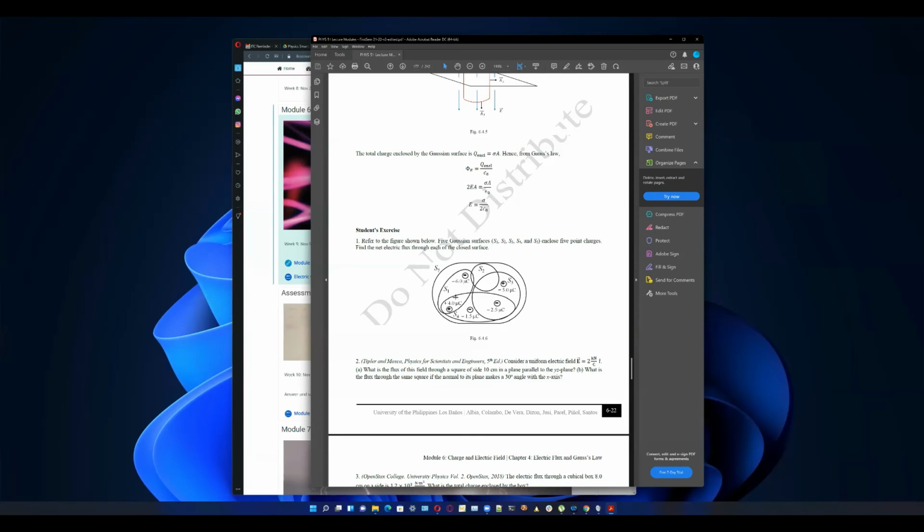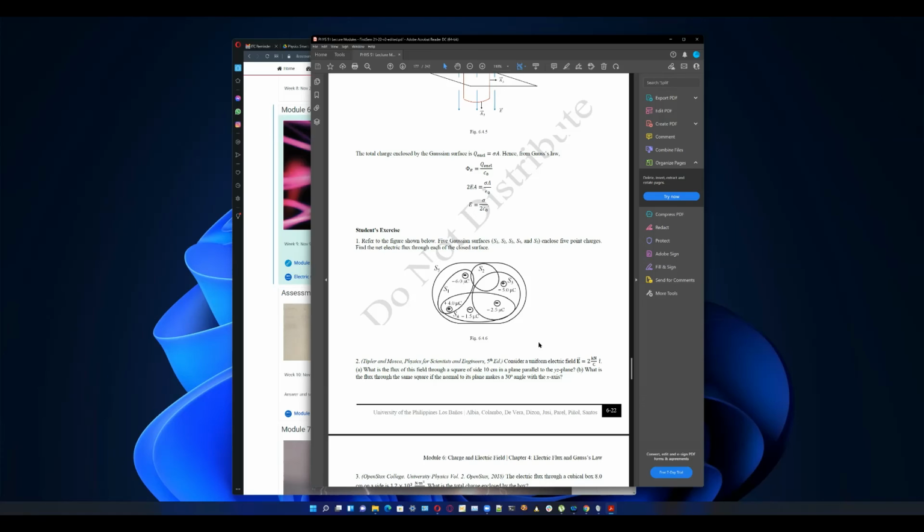I-ikot mo lang siya. Tapos bilangin mo yung total charge or add mo yung total charge, no? Positive or negative. You don't even have to look into yung direction ng field. I-add mo lang yung amount of charges and get the net. And then use that net charge divided by epsilon sub 0 and you get the electric field of that region, or of electric field contributed by the different charges.